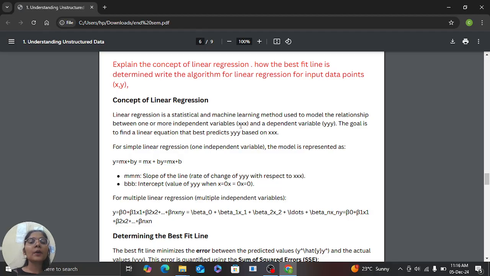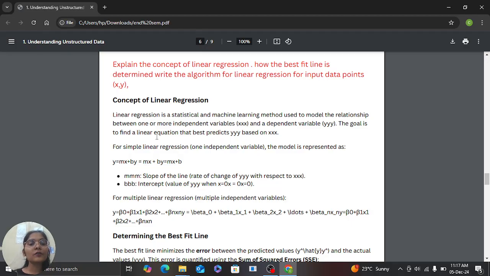The number of independent variables may be one or more than one, but the dependent variable will always be one. When there is one independent variable, this type is called simple linear regression. Whenever we have more than one independent variable, it is called multiple linear regression.